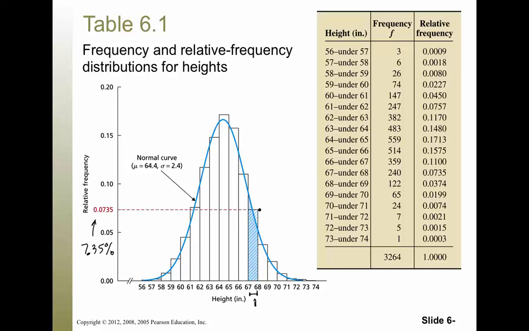That's our frequency, 0.0735. So that relative frequency is also the area shaded there in blue. Because what's the area of a rectangle? Base times height. If we took the width of the rectangle times the height, 0.0735, you get?